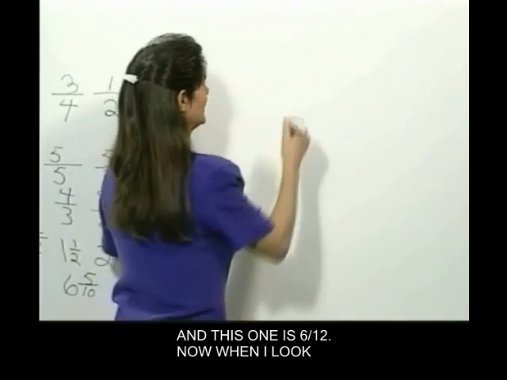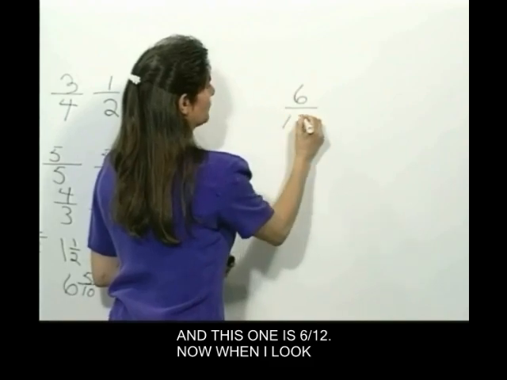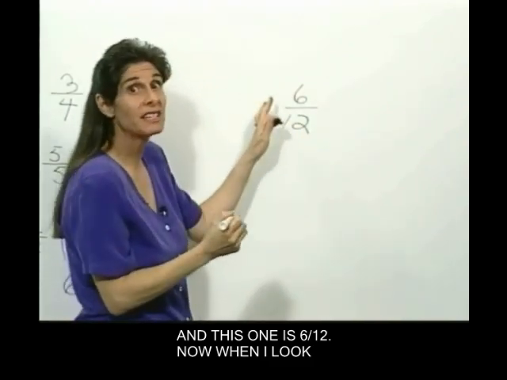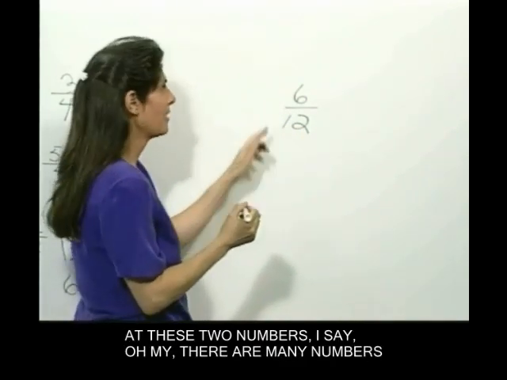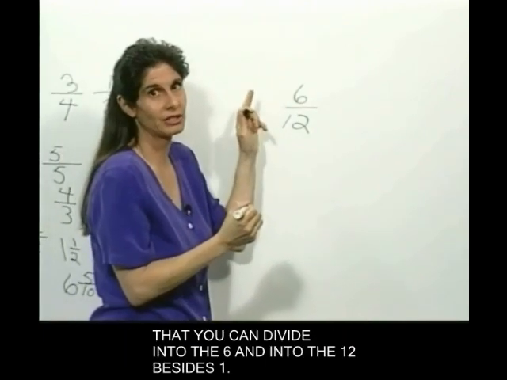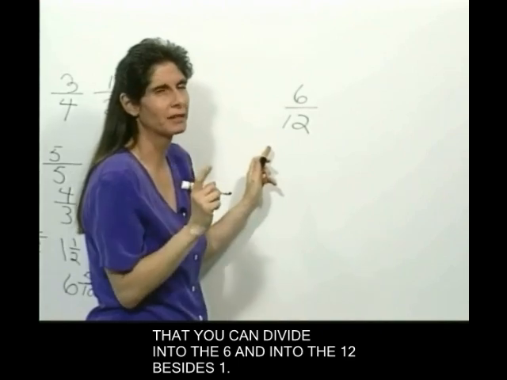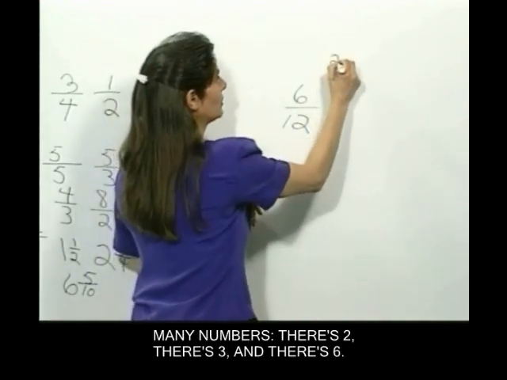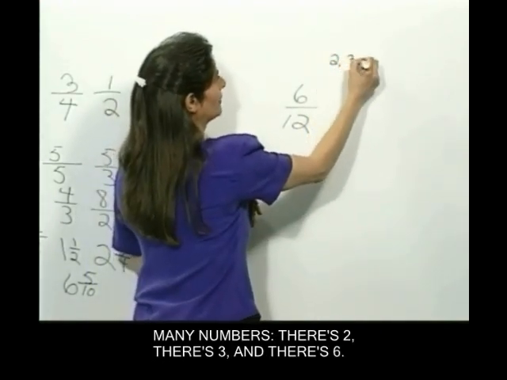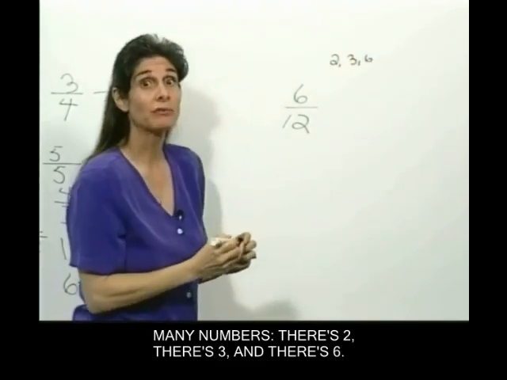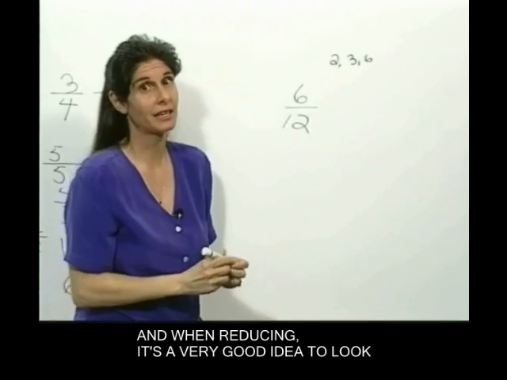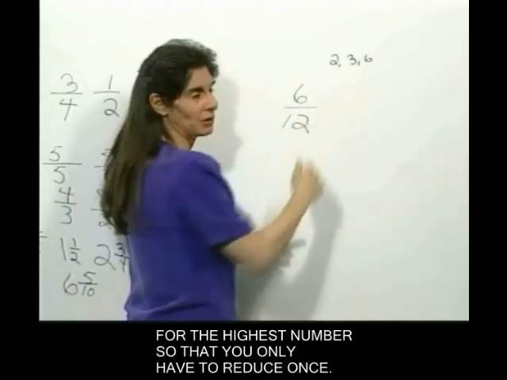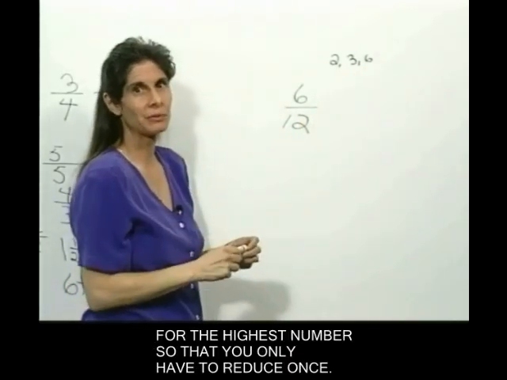And this one is 6/12. Now, when I look at these two numbers, I say, oh my, there are many numbers that you can divide into the 6 and into the 12, besides one. There's 2, there's 3, and there's 6. And when reducing, it's a very good idea to look for the highest number so that you only have to reduce once.